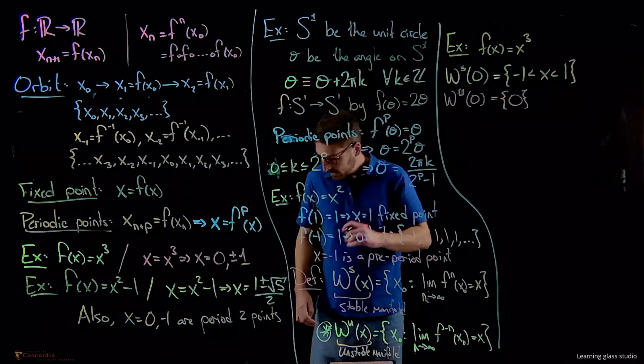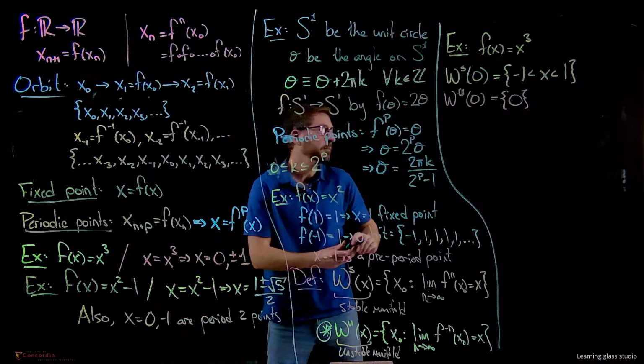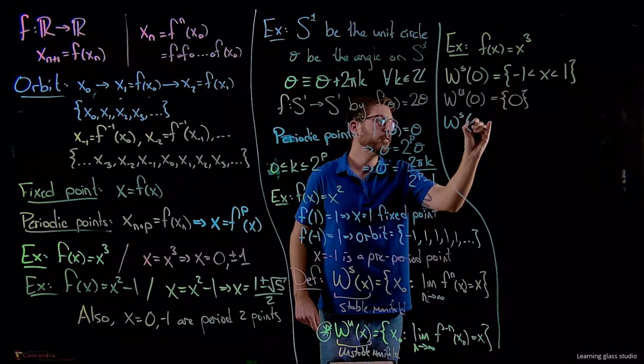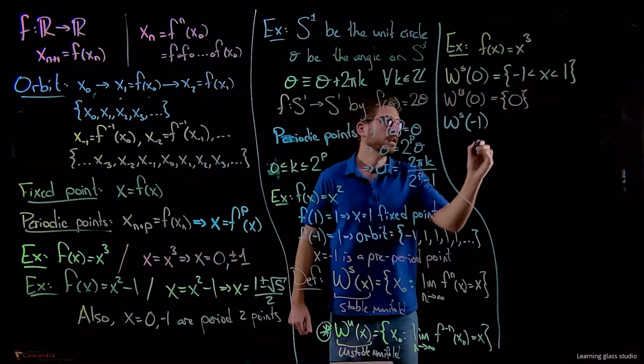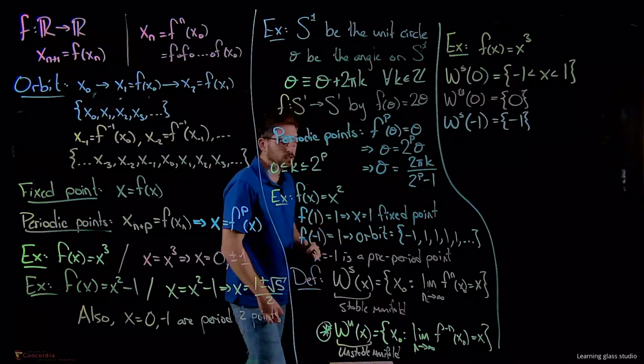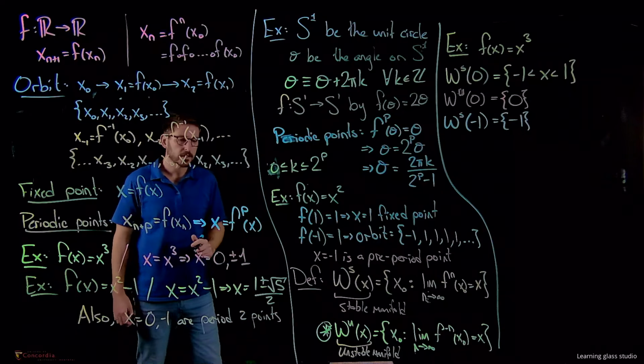Similarly, we could look at, say, the stable manifold of minus 1. And in this case, we also find that there is nothing in this except for the fixed point.